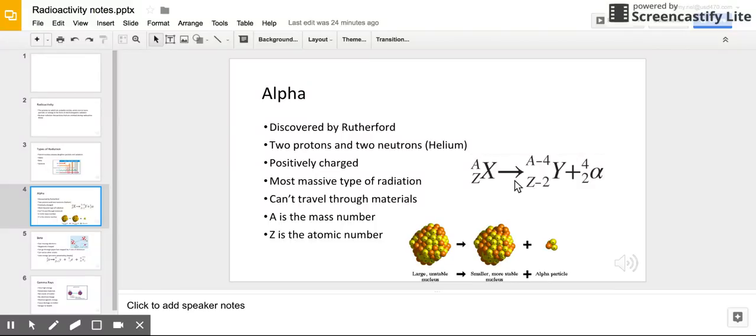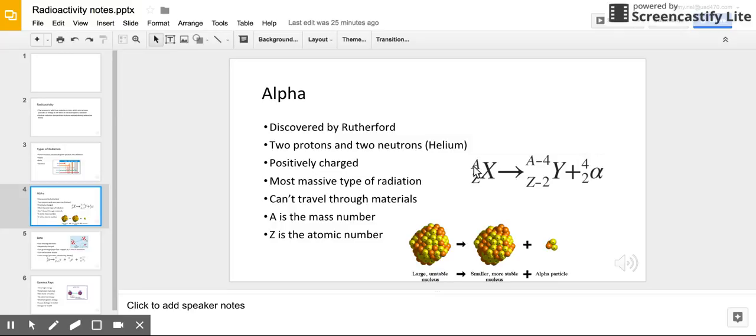Here in this equation, that might look pretty confusing to you guys, but don't worry, we will figure that out together. But the A stands for the mass number, and Z is the atomic number. And these X's and Y's, the X stands for the element symbol of what we like to call the parent element, and Y is the symbol for the daughter element.